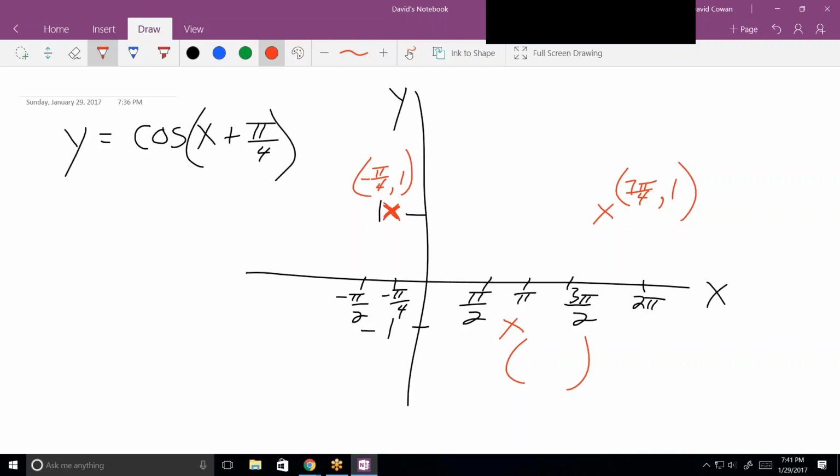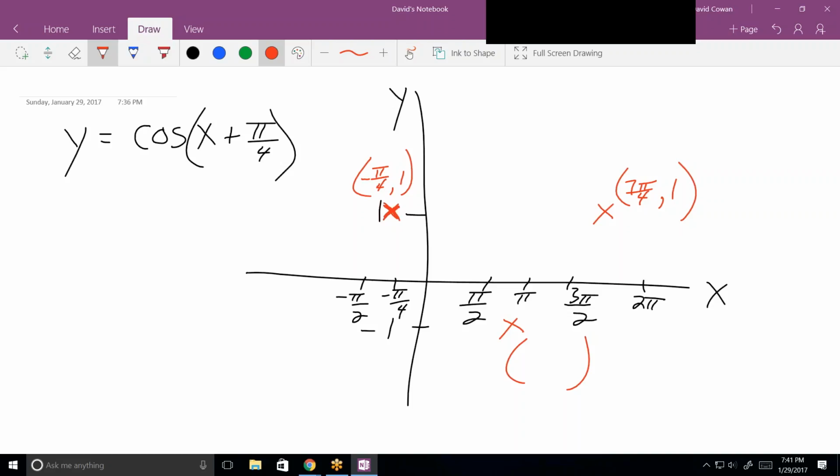What's halfway between negative pi over 4 and 7 pi over 4? To find it out, you add the two and divide by 2. When you add them together, you get 6 pi over 4.